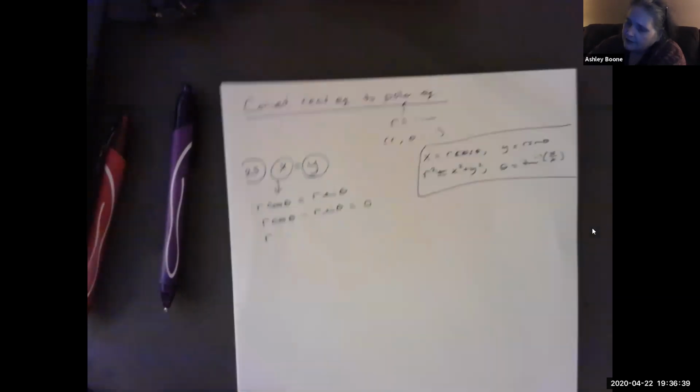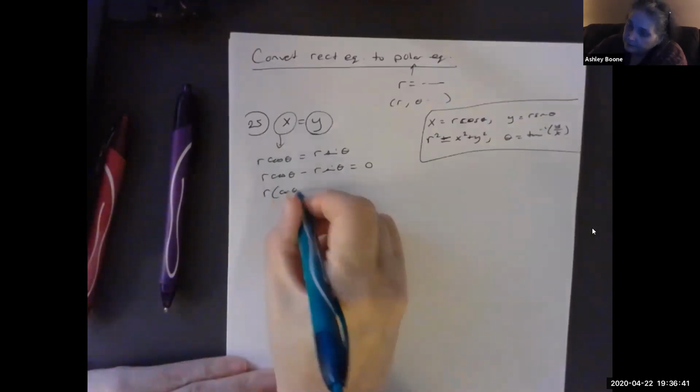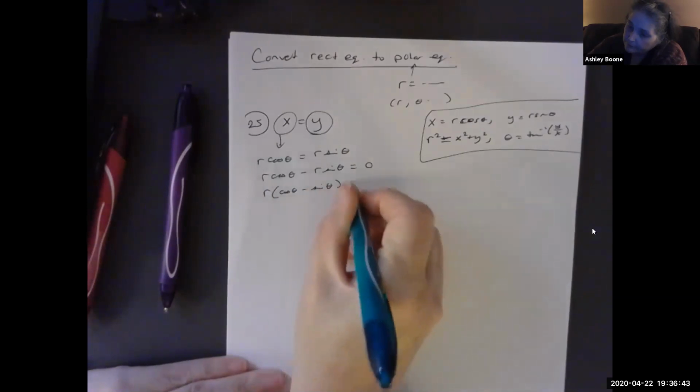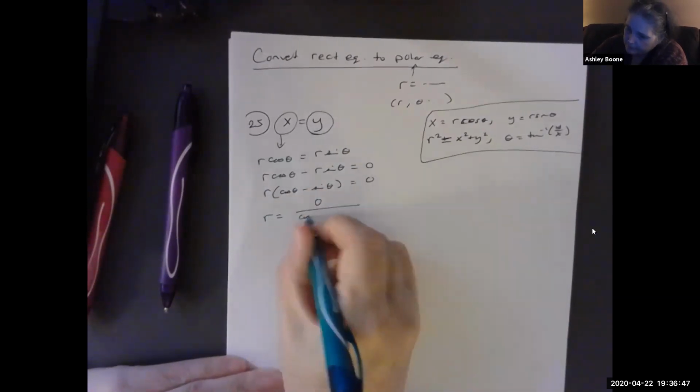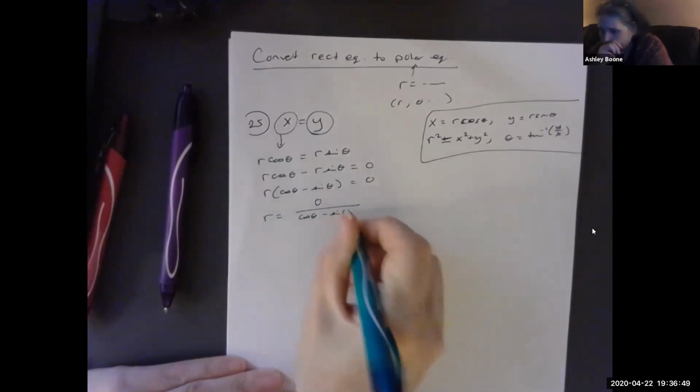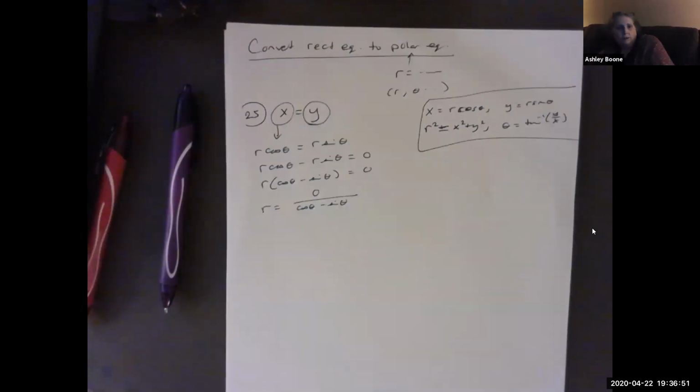I factor out an r. We get r is equal to 0 divided by cosine theta minus sine theta. Think about what x equals y looks like.